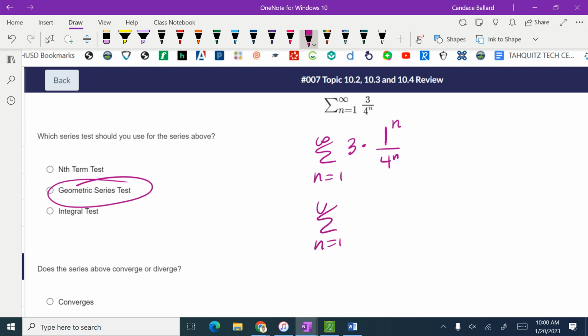When I do that, I now have my ratio. Okay, so you got to learn to get good at manipulating the ratio. Okay, so there's my r. Is it greater than 1 or less than 1? Less than 1. So does that mean it converges or diverges? Converges. Okay.